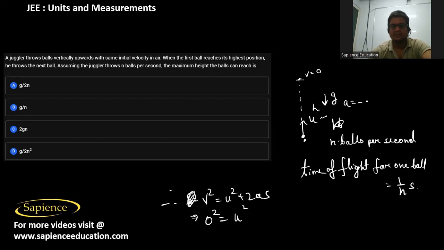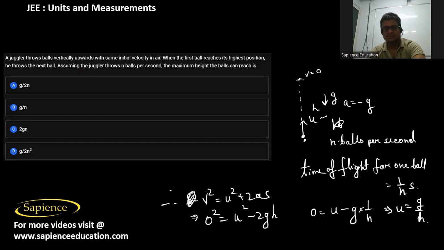So acceleration will be equal to minus g. So this will be equal to minus 2gh. And v is equal to u plus at also, u minus g into t. t is equal to 1 by n. From here we can see that u equal to g by n.